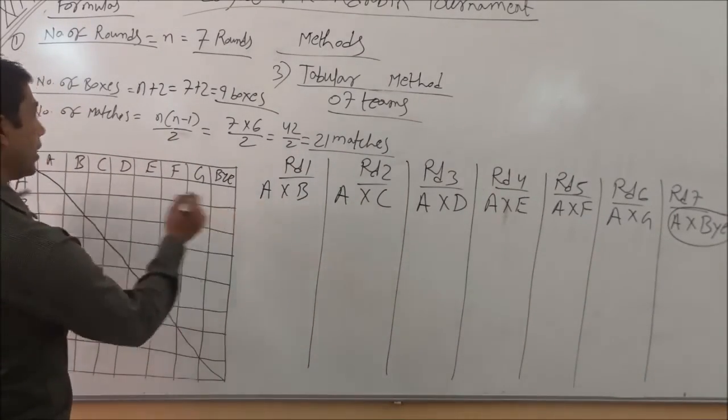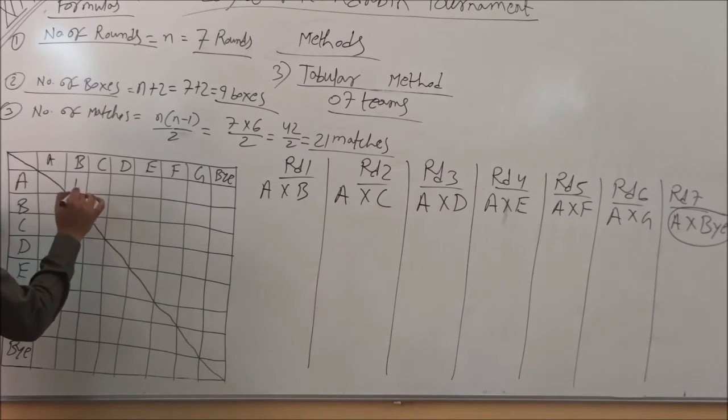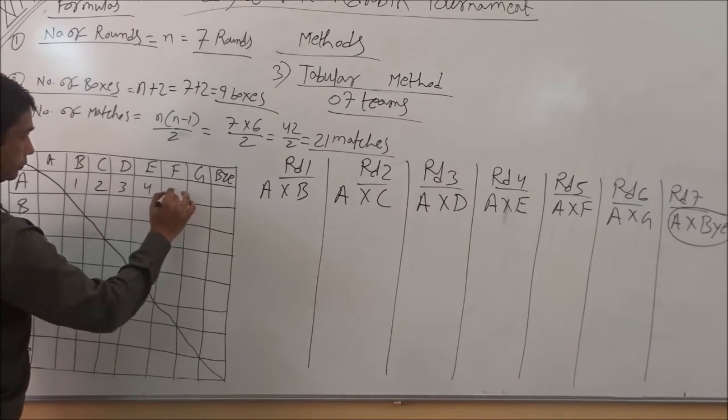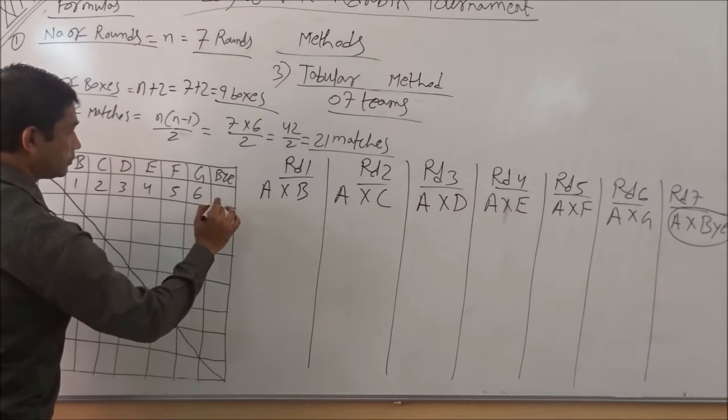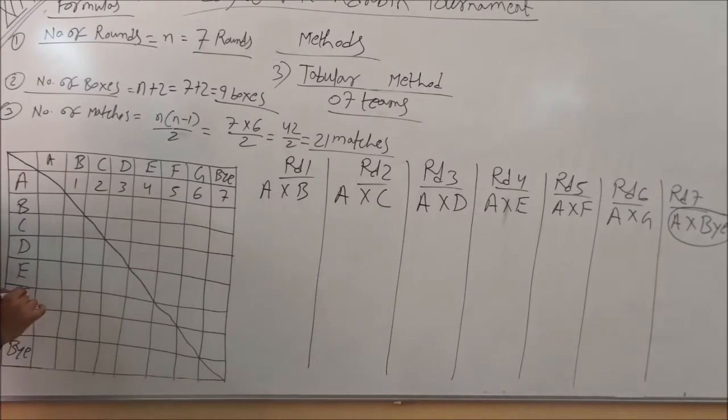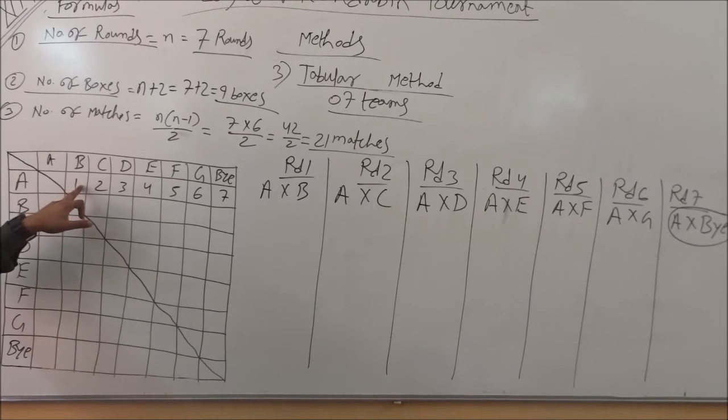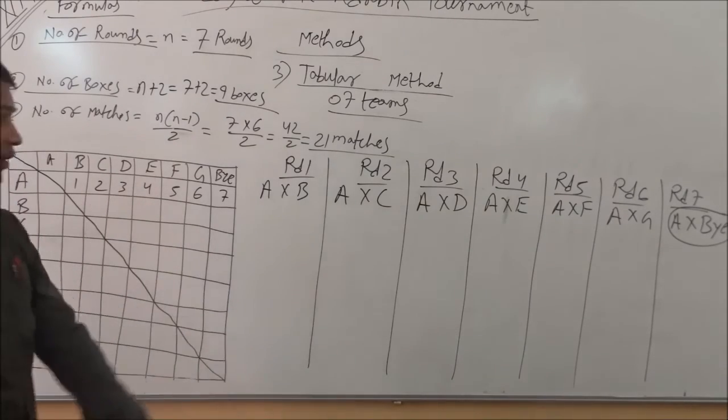So, just put up the number. Next, our next team is B. Now A has started playing from round number 1. For B, B will be skipping 1 round in between and starting from round number 3.